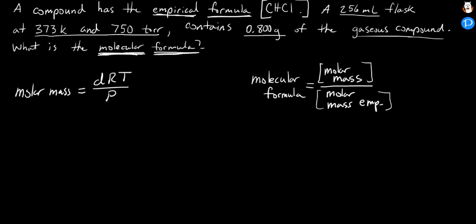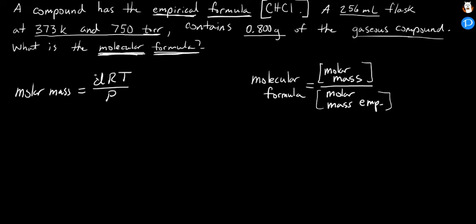Okay, so I know parts of this. I know the temperature is 373 K. I know that the gas constant is just a constant, always the same. I know the pressure, 750 torr.